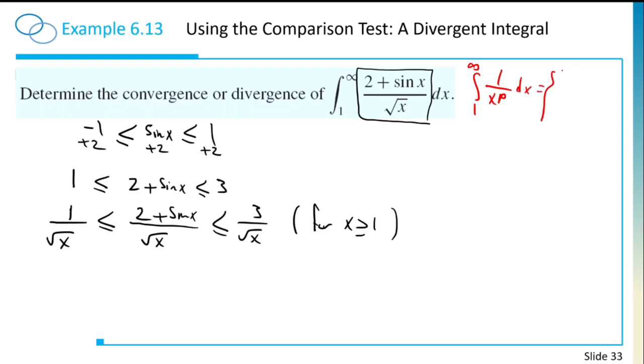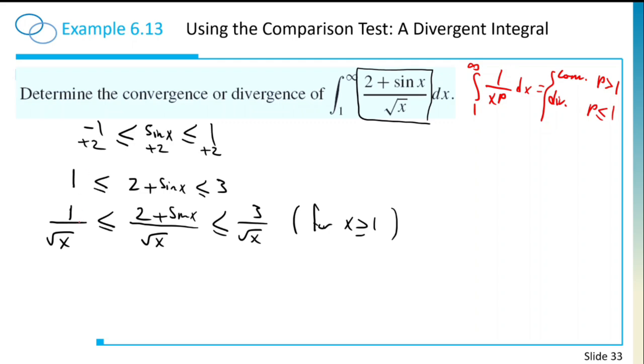This is convergent always if p is what? Who remembers? Yes, if p is greater than 1, and this is divergent if p is less than or equal to 1.